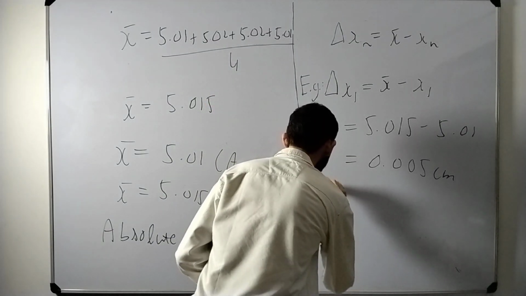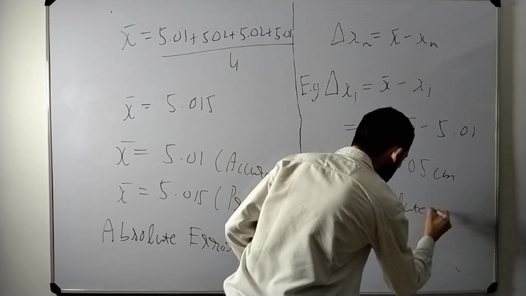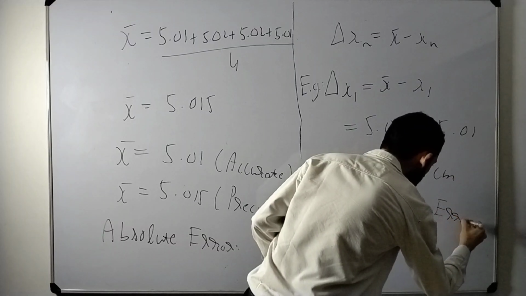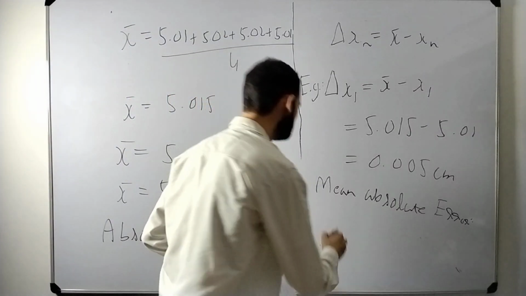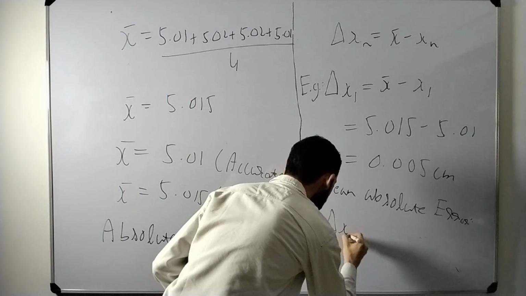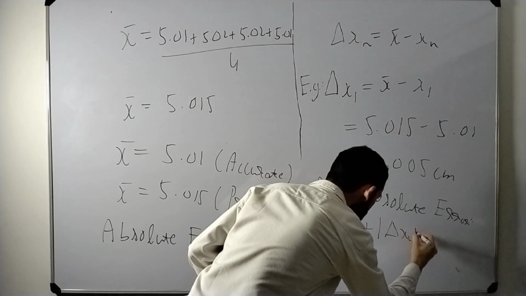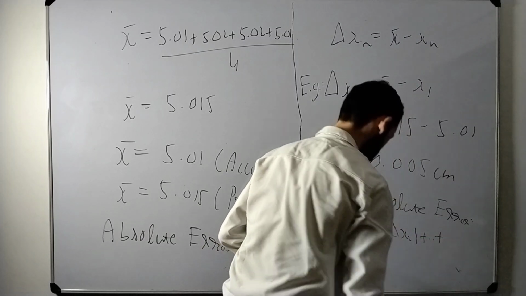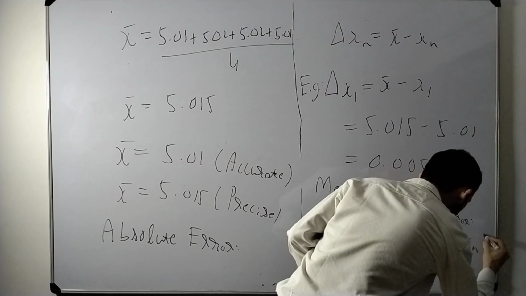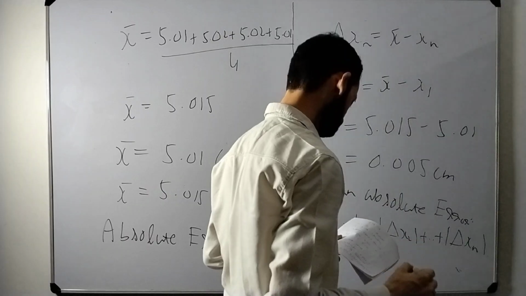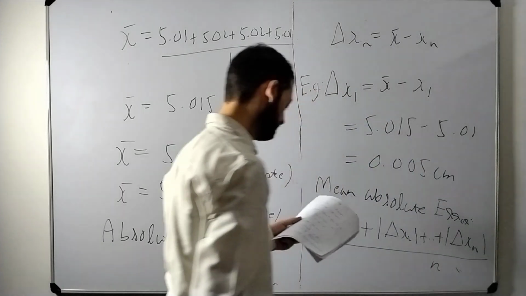Mean absolute error is supposed to be del x1 plus del x2, this goes on, and this becomes del xn upon n, the number of observations.